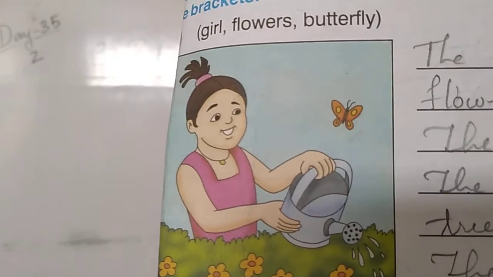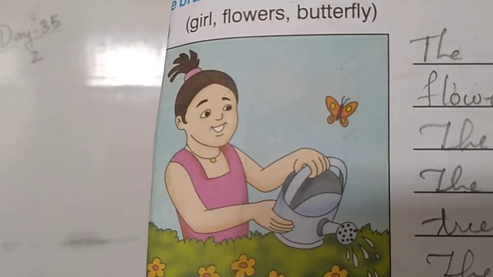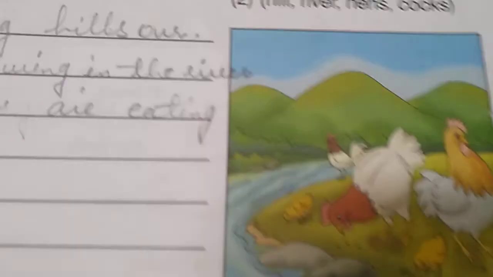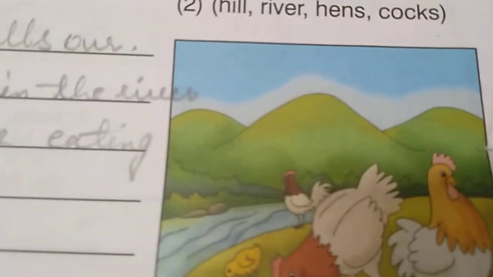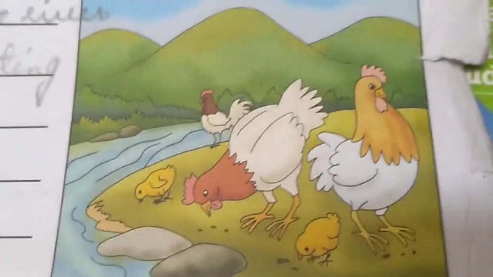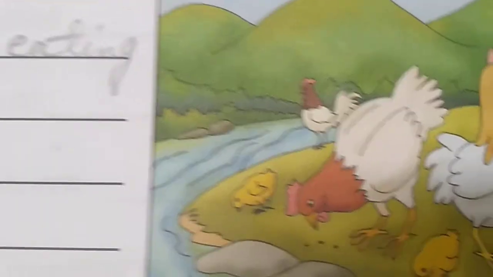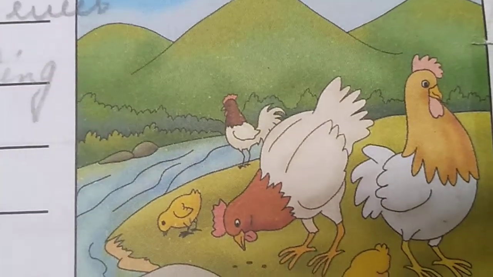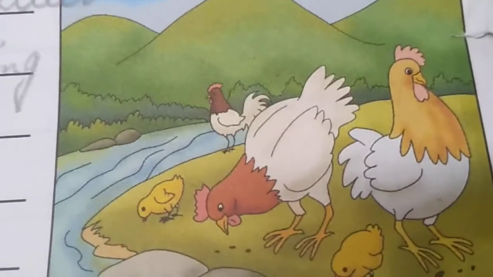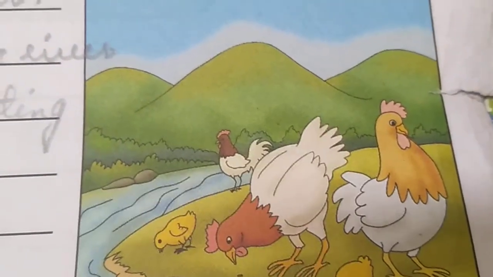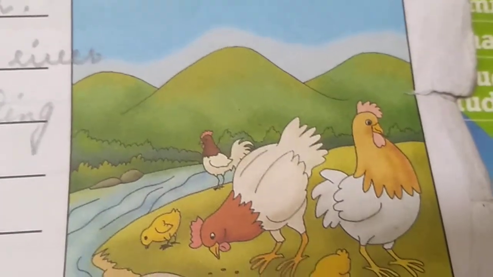We have to see the picture very clearly, what is going on, and then we have to write the sentences. Now coming to the next picture, children. What all things can you see in this picture? We can see hens, cocks and a river. The water is flowing in the river.